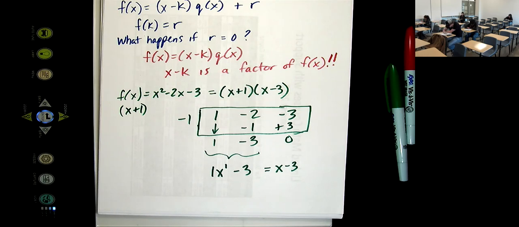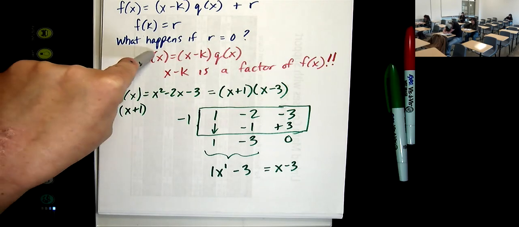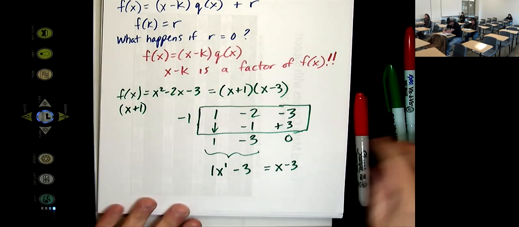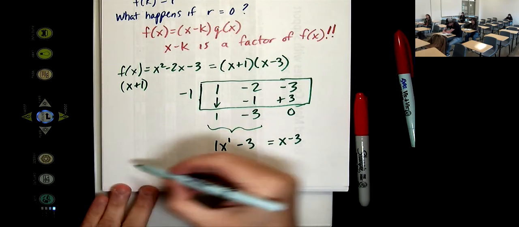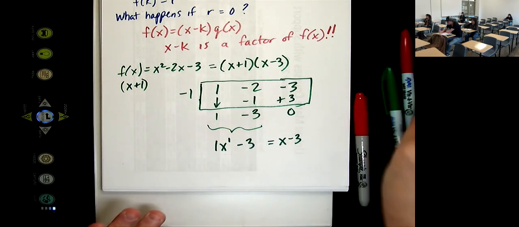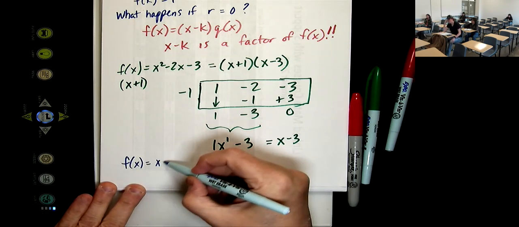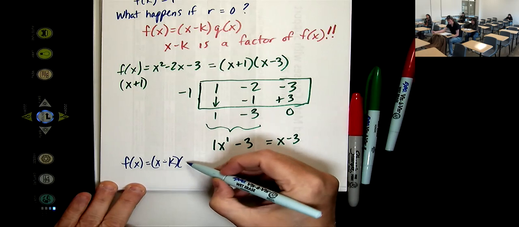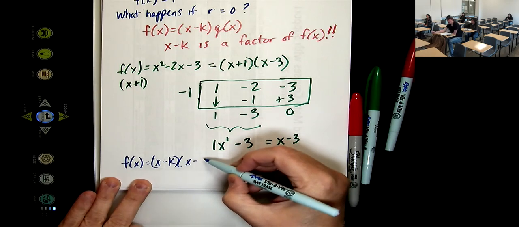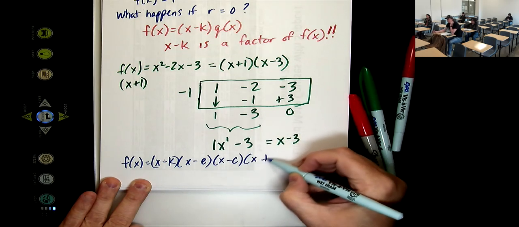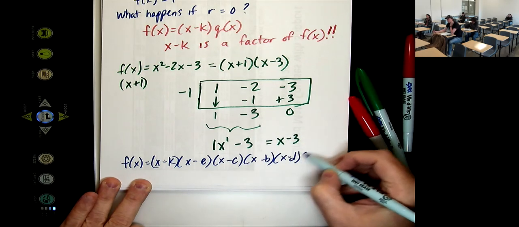Because when you want to graph a really big polynomial, if you have it broken down to all factors and you set it equal to 0, let's say I've got an x minus k, an x minus e, an x minus c, an x minus b, x minus d, x minus a.